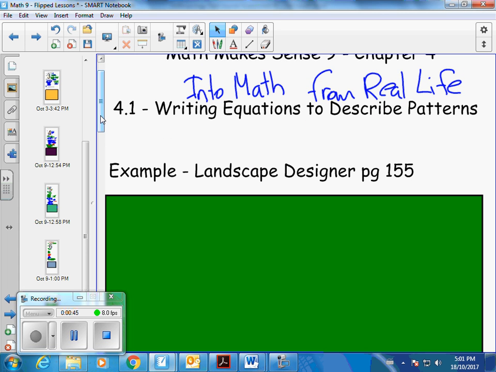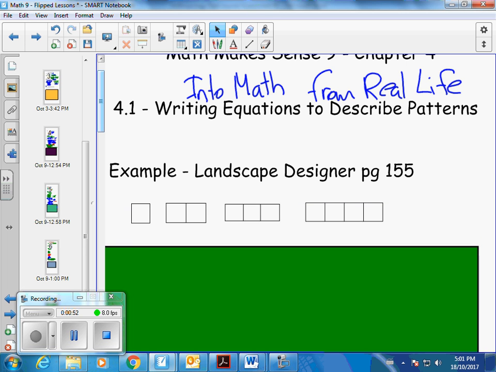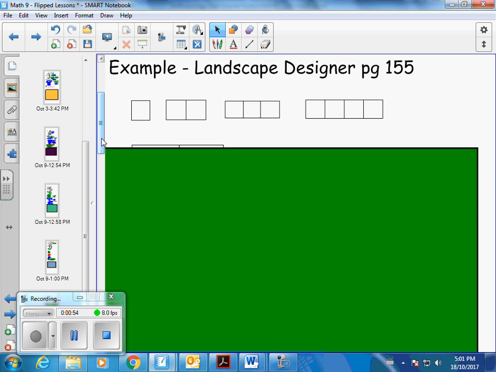We are looking at patterns and whether or not I can start writing my own equations that describe the patterns. So we're actually going to start by looking at the example on page 155, the landscape designer. In there they've got a bit of a diagram and a few different plots of land. This is a herb garden.